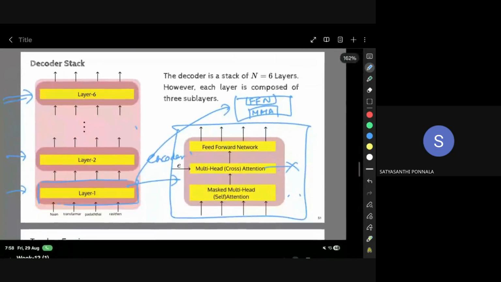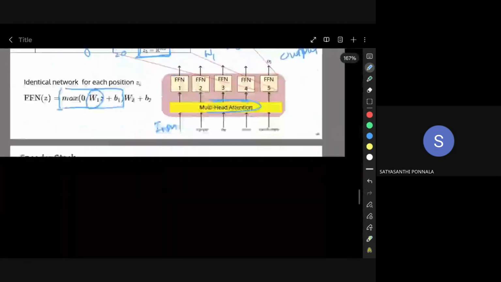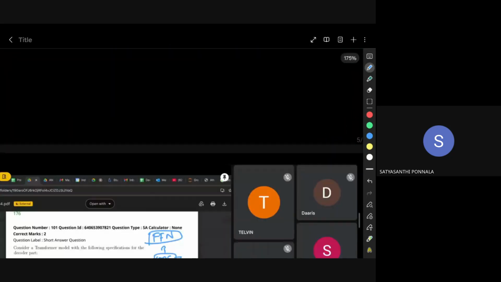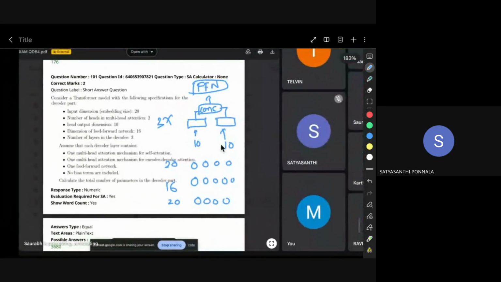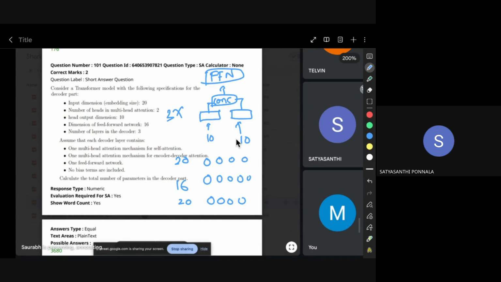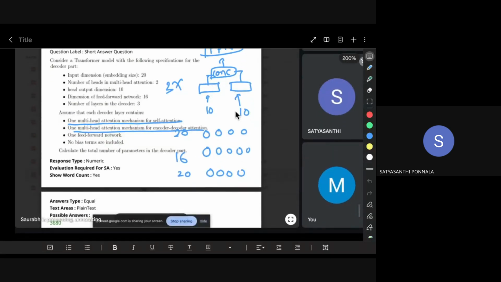So for each of them I have to compute it. I was just talking about one token only, but you have to compute for all the tokens. Now assume that each decoder layer has one multi-head attention, one multi-head cross attention between encoder and decoder, and one feed forward.